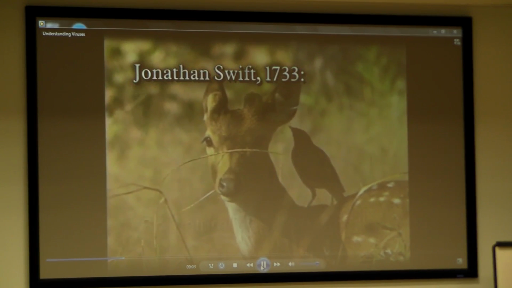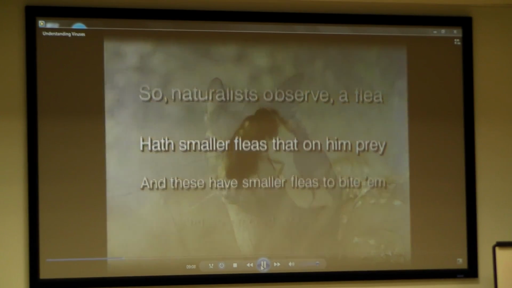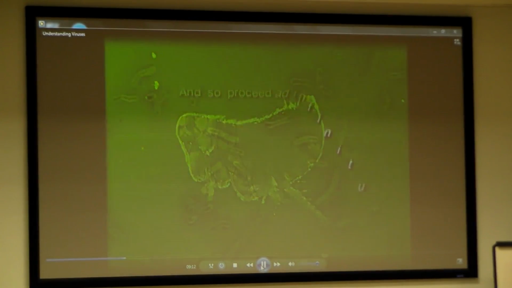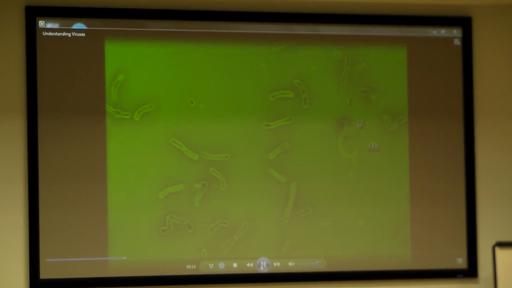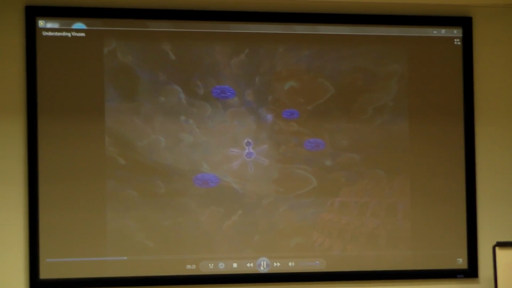So, naturalists observe a flea, and smaller fleas that prey on it, and these have smaller fleas to fight them, and so proceed ad infinitum. Yep, even germs can get germs. An example, the T4 bacteriophage, a virus that attacks bacteria.